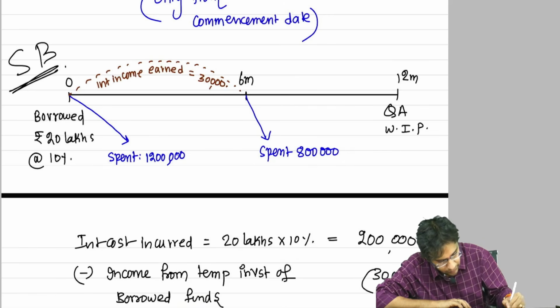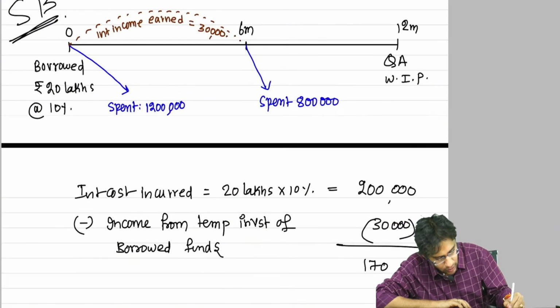Net it off. Net how much are you having? 1,70,000. 1,70,000 is capitalized.